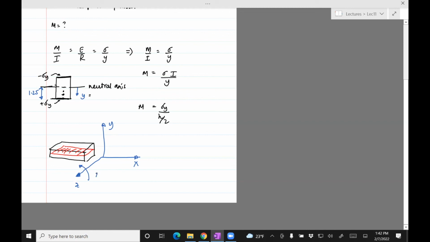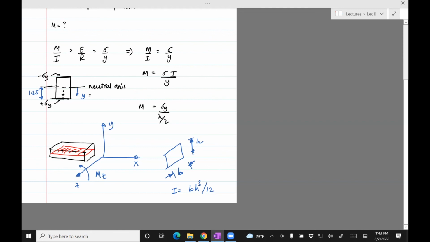This moment is about the z-axis. So the way you do it is, you take your right hand, you point your thumb towards the z-axis, and your fingers give the direction of the moment along the z-axis. So when you have Mz in that fashion, your formula is, I would be BH cube divided by 12.